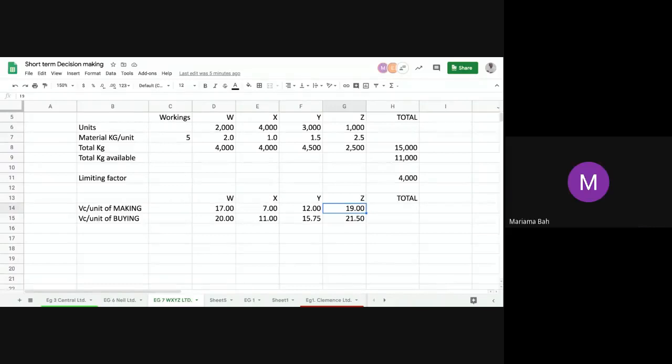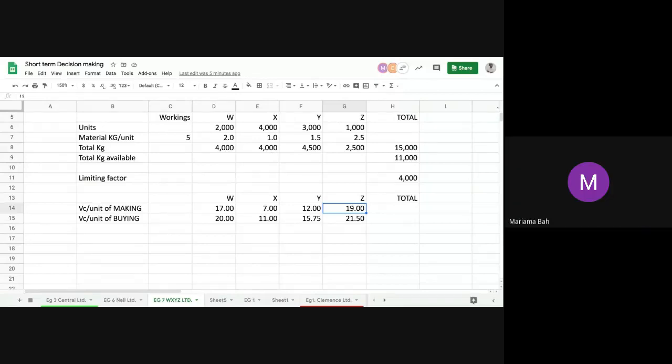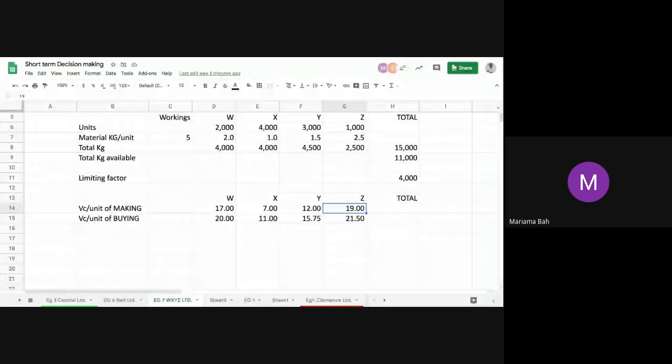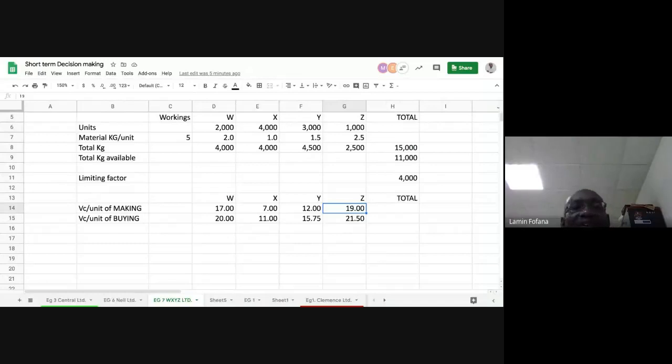Natural. So Mr. Fofana, it depends on the material that you're using to make those products, right? Yes, in this case, we assume that all the materials are of the same quality. If the materials were not the same, sometimes you take the one that is more expensive to outsource rather than buying the cheaper one and making it. But here we are assuming that they all have the same quality.